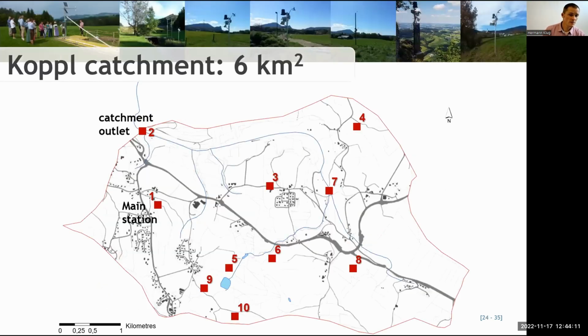So what we could do is we put those measuring devices at certain places, and now a farmer is fertilizing a certain field. Based on wind speed and wind direction, we know, okay, are these fertilization plumes transported with the wind towards the station or away from a station?